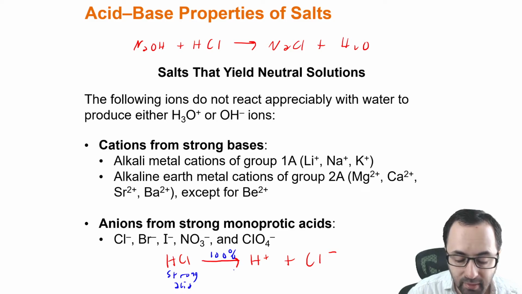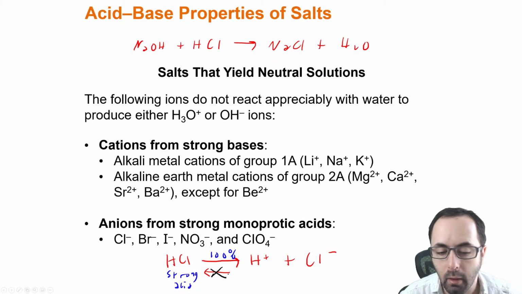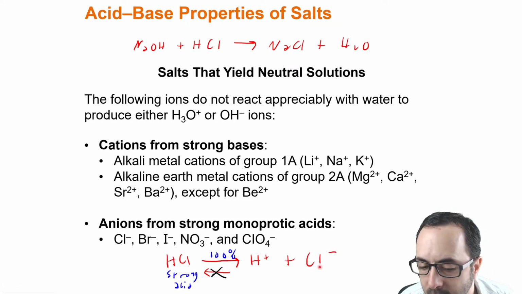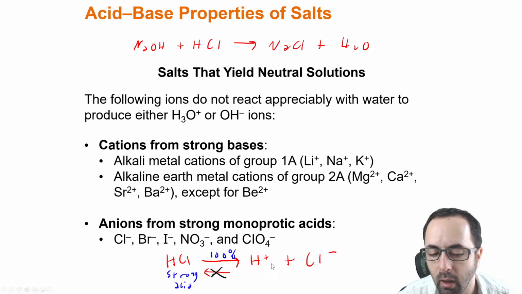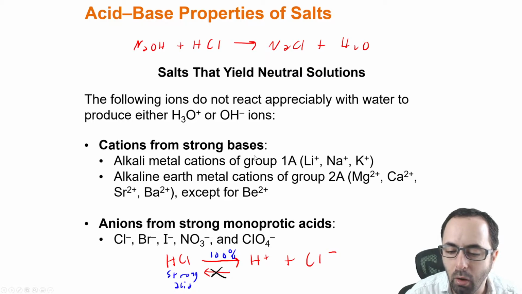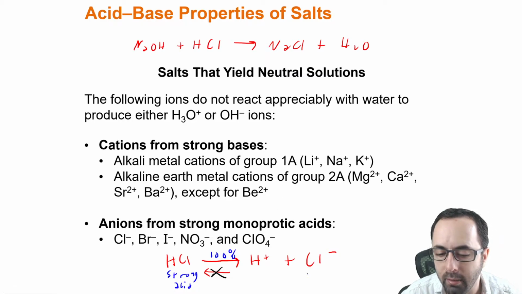And what that means is that the backwards reaction does not really go at all. And so a chloride ion is never going to go and accept protons. So because this is such a strong acid, this is a terrible base. This is an extremely weak base.